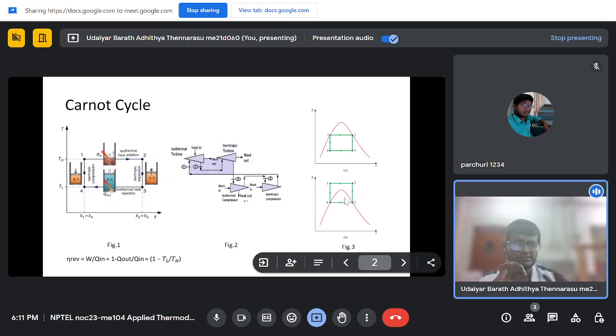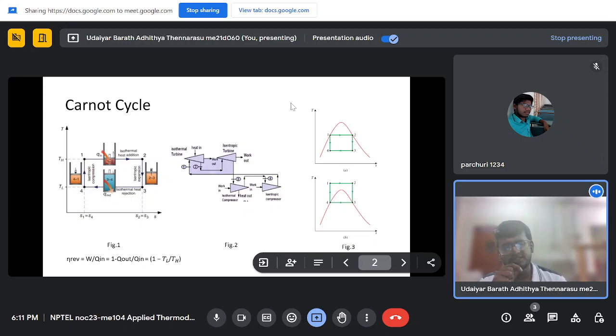So this is the basic idea of the Carnot cycle, and what practical difficulties it can have if you are able to build it. I have given an efficiency formula for the Carnot cycle. Efficiency is defined as the work divided by the heat which you give in.